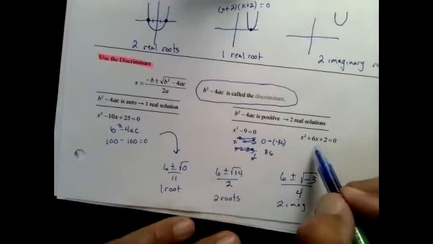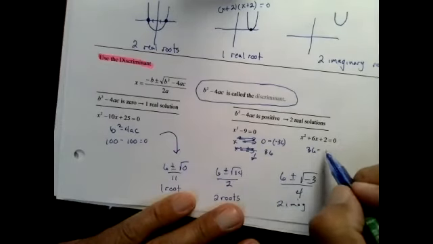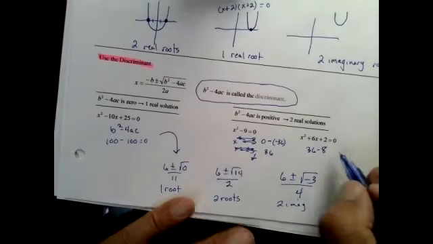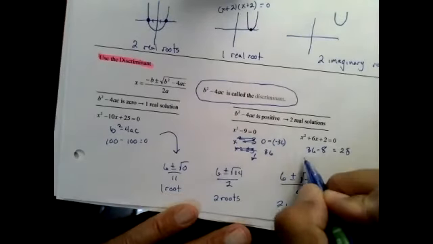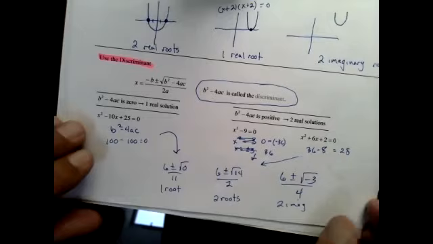If I look at the discriminant, B squared, 36 minus 4 times A times C, which is 8. 36 minus 8 is 28. It's going to be 2 real roots. And we'll talk about the discriminant more. It comes and goes in popularity, but we definitely will come back to that.